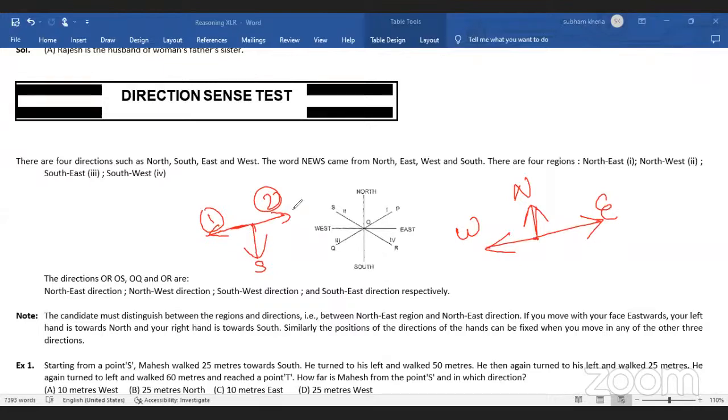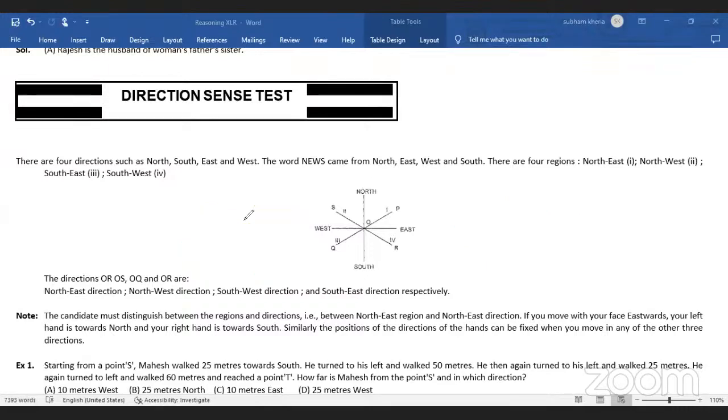So if you are facing south, your left is east and your right is west. Understood? Chalo, great. So the main thing is, if you are facing difficulties, think that you are there in place of this person in the question and then solve. Chalo, let's start for the first question.